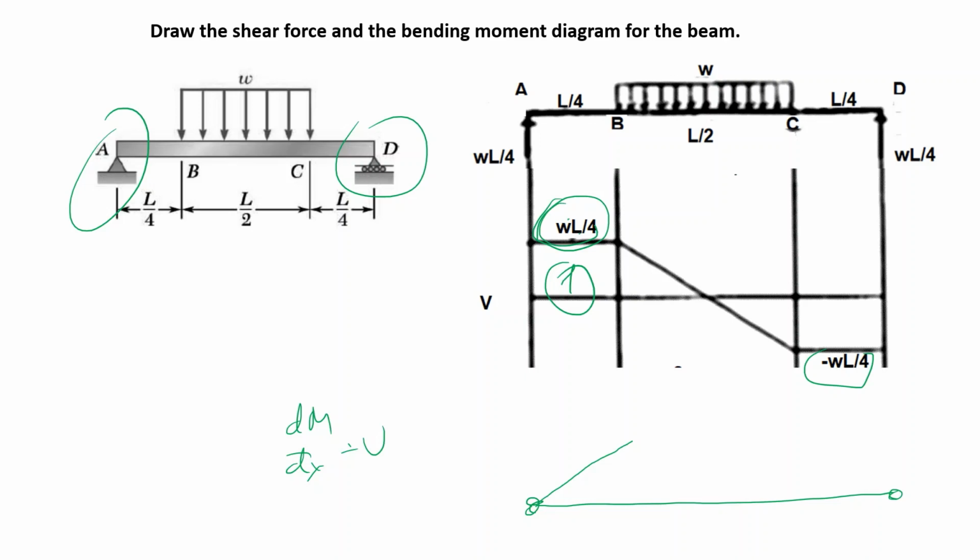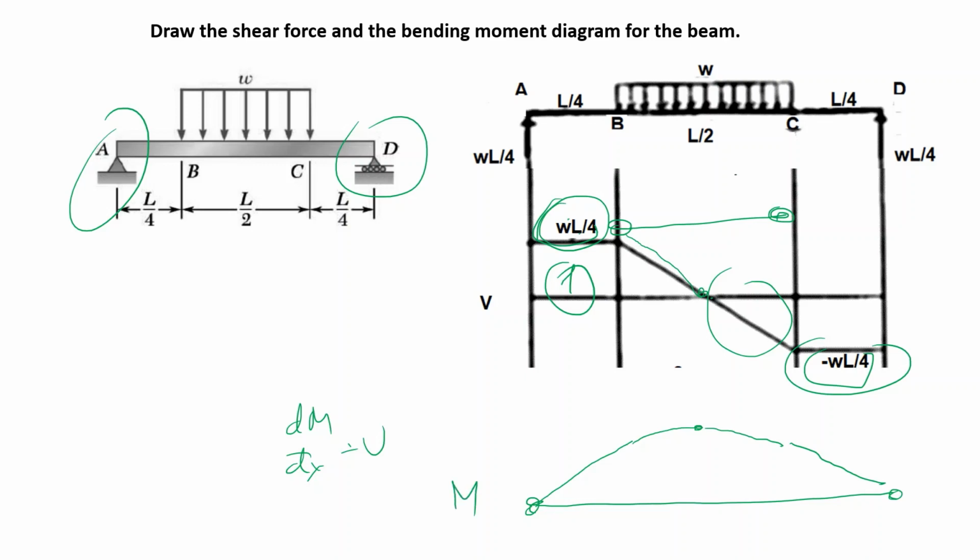And then from point B to point C, the positive slope becomes smaller and smaller and becomes 0. And from here on, we get negative slopes. And here we have a constant negative slope. Okay, this is my moment diagram.